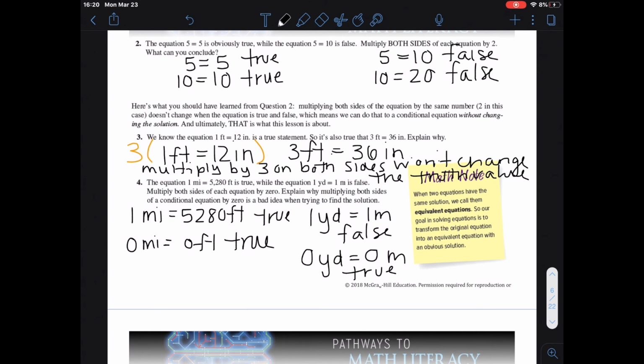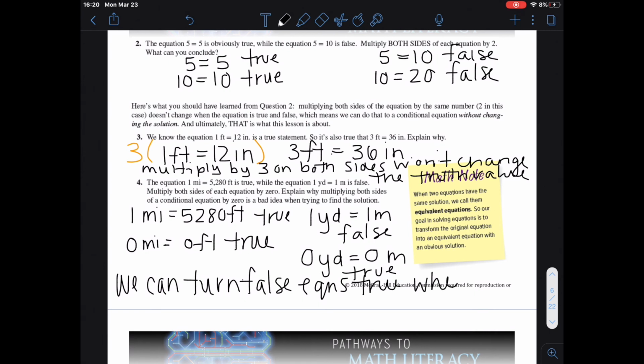Okay? So we don't want to multiply each side of a conditional equation by 0, because it can turn false equations into true ones.